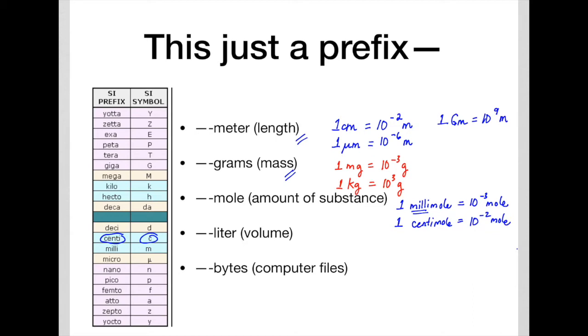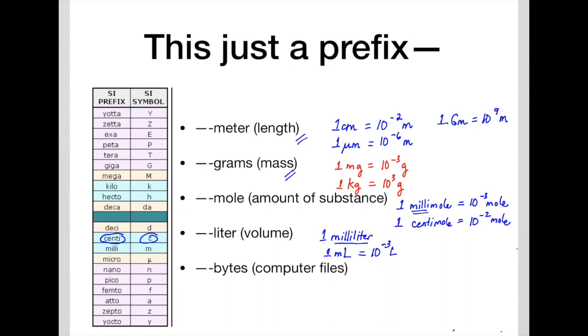How about we use liters? If I have here 1 milliliter, by the way, the unit for that is 1 ml, then that is equivalent to 10 raised to negative 3 liters.